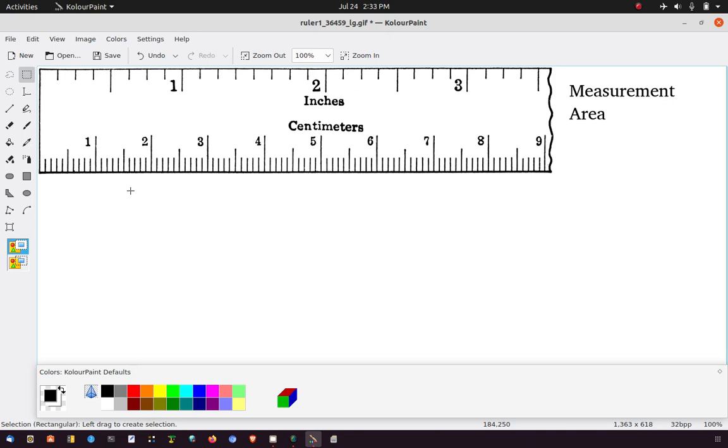Now, when you talk about 1 centimeter, a distance of 1 centimeter will be, say, from here to here. That's 1 centimeter. It could be from 3 to 4. That's 1 centimeter. But suppose you do this.